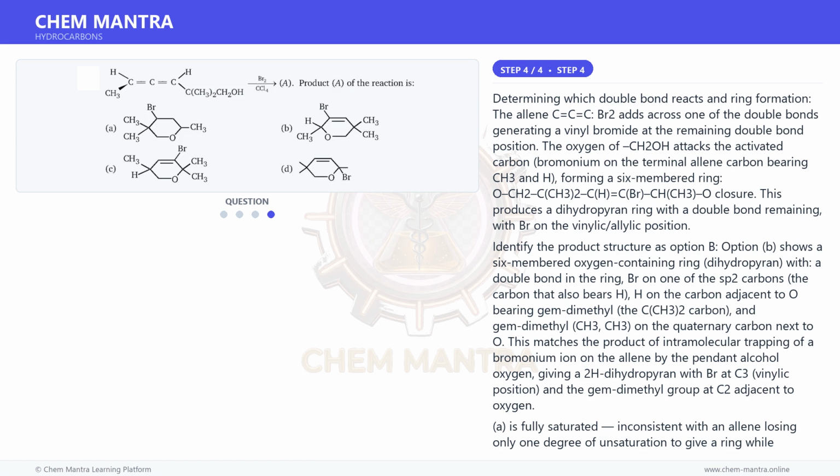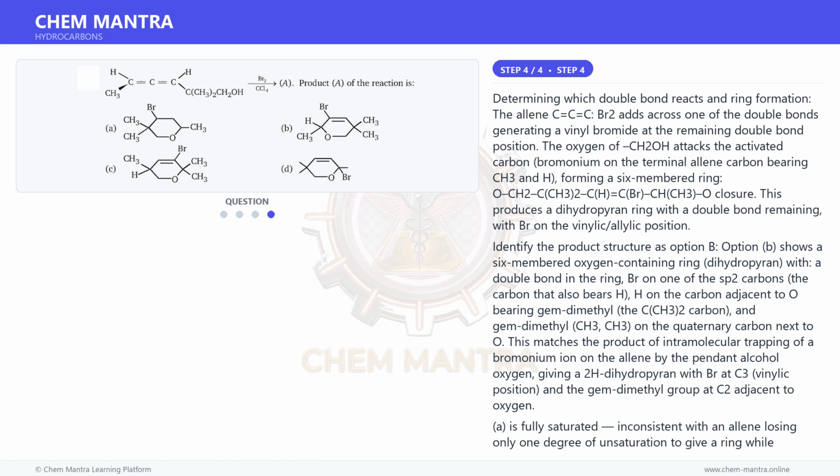The oxygen of CH2O attacks the activated carbon, the bromonium on the terminal allene carbon bearing CH3 and H, forming a six-membered ring, OCH2C, CH3, 2CH, =C, Br, CH, CH3, O closure. This produces a dihydropyran ring with a double bond remaining, with Br on the vinylic allylic position.